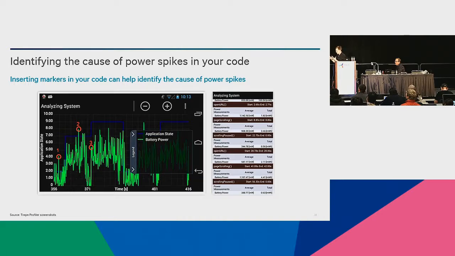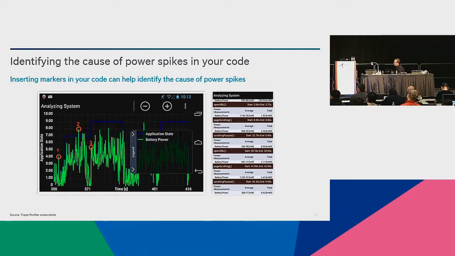In this application, there's 3 clear states. There's the idle state, then there's the page load state, and then there's the scrolling state. So we've instrumented this app with 3 different markers that you can see on this graph over here. This marker over here is when your application is idle, and you can see that when it's idle, there's very little battery power being consumed.